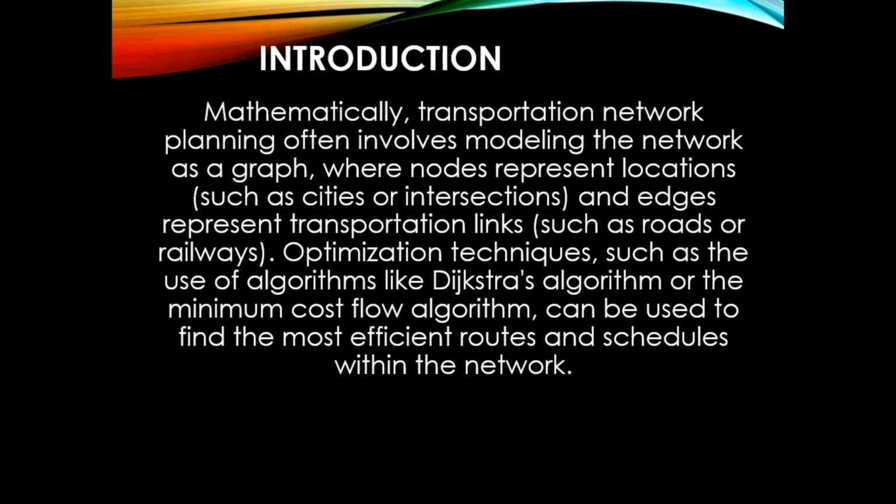So the relationship between the nodes plus the links gives us a graph. And there are a lot of optimization techniques that have been developed through the use of algorithms like Dijkstra's algorithm and Bellman's algorithm. This we're also going to be looking at in the later part of this lecture.